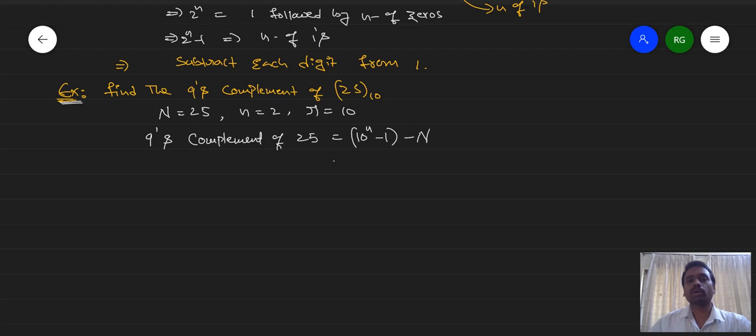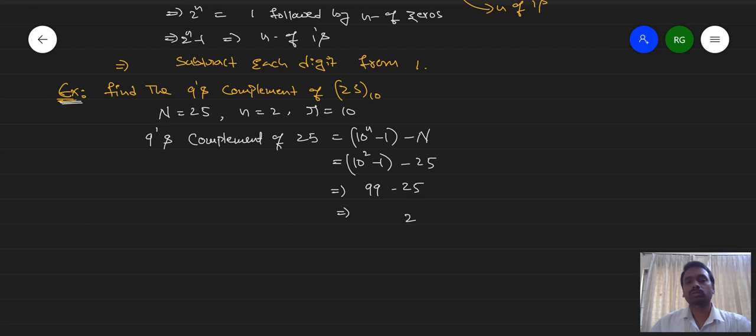Because the small r value is 10 and my small n value is 2, this is 10 power 2 minus 1 minus 25. My 10 square is nothing but 100. 100 minus 1 is 99, minus 25. So if I do 99 minus 25, that is 9 minus 5 and 9 minus 2.